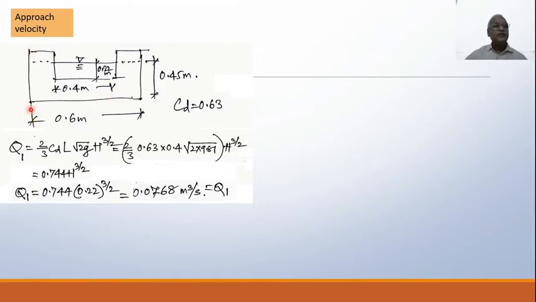The channel width, you can just see here, the channel width is 0.6 meters. Hope you can understand what I mean. The channel is having a size like that, right? And this corner may be seen there, right?